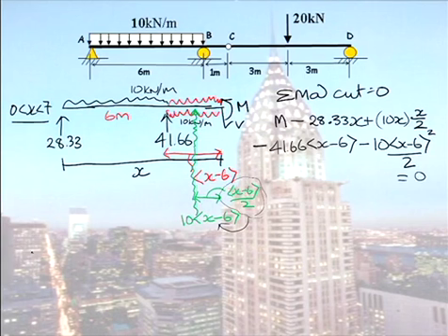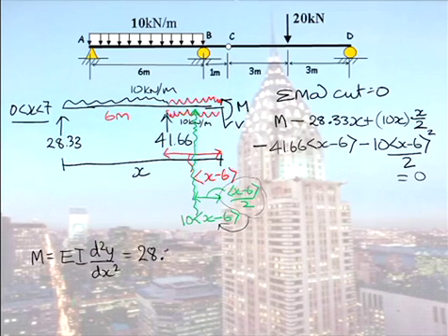And why am I calculating my moment equation here? Because we now know we can relate moment to curvature. And who cares about curvature? Well, if we integrate our curvature expression twice, that will give us a value for our deflection.